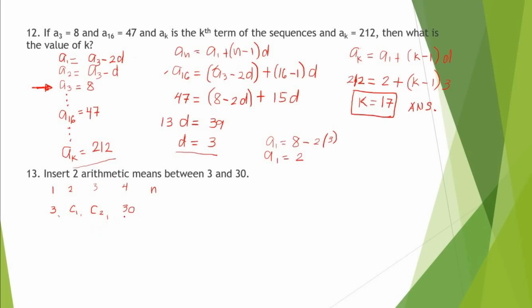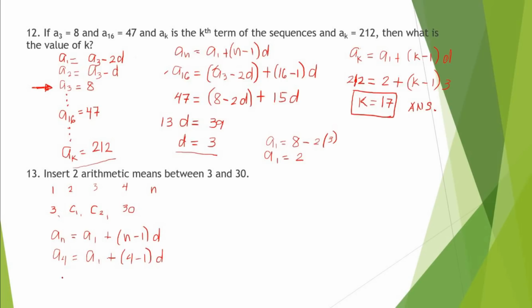Now we know our fourth term, so again we'll use this formula. An is equal to A1 plus n minus 1 times d. A4 is equal to A1 plus 4 minus 1 times d.